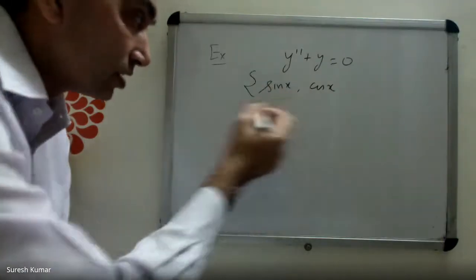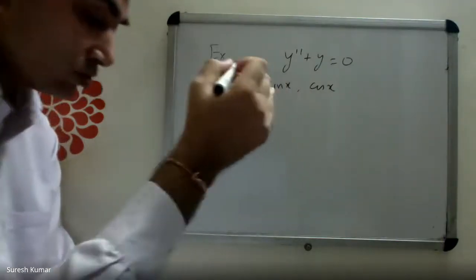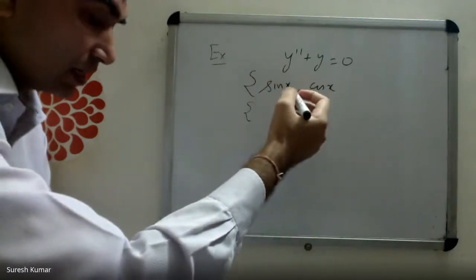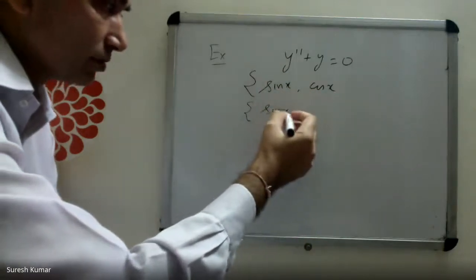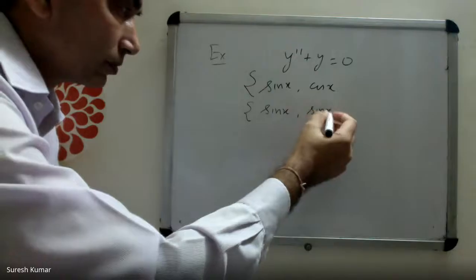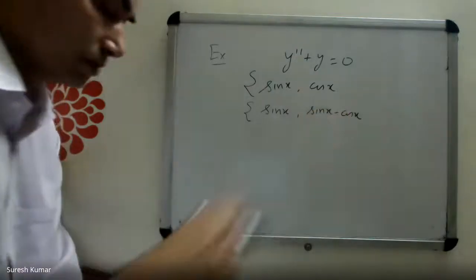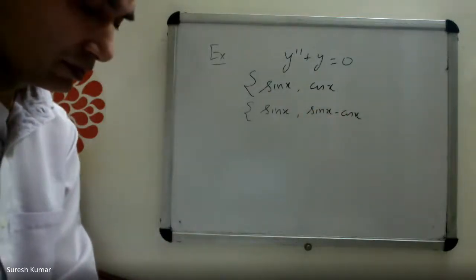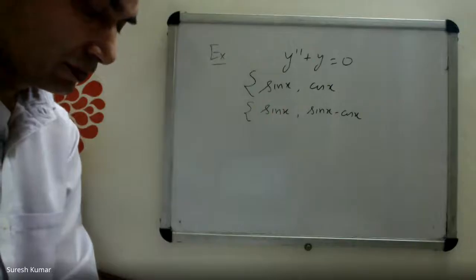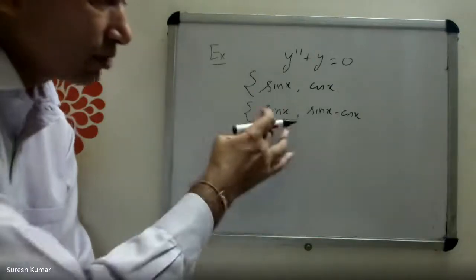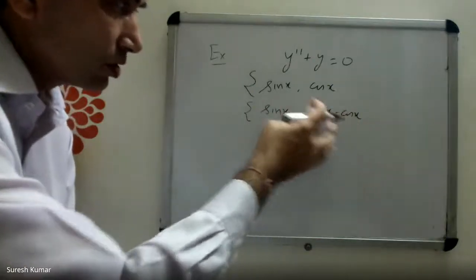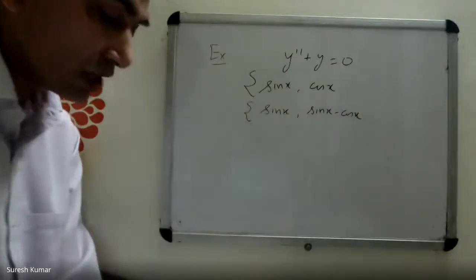These are independent also. What about this pair? Sin x and sin x minus cos x. Sin x is of course a solution. Because this is a linear combination of these two, it is again a solution.